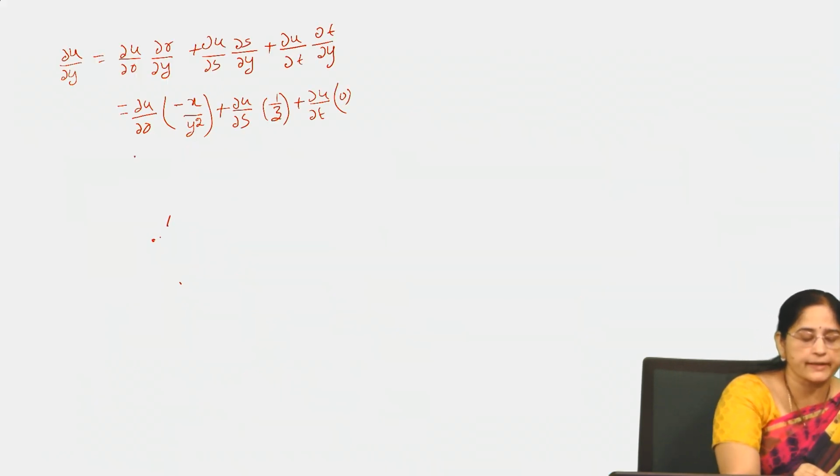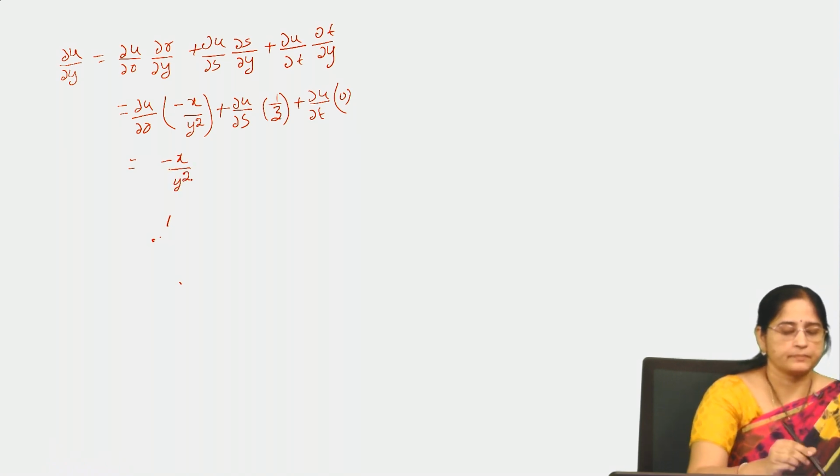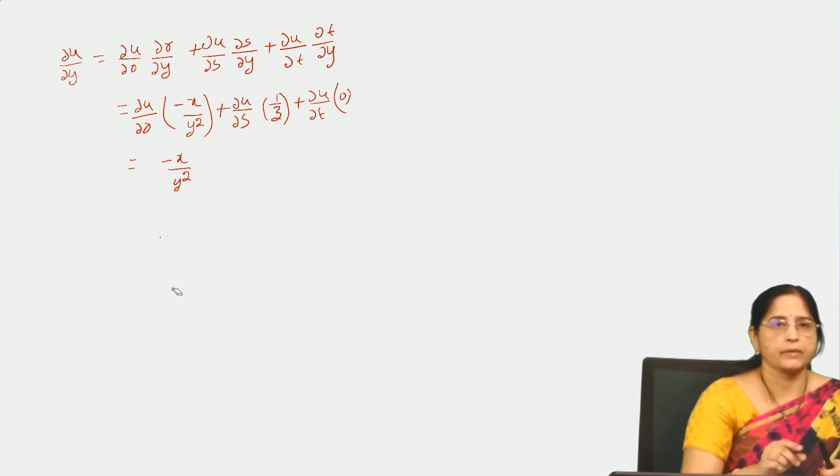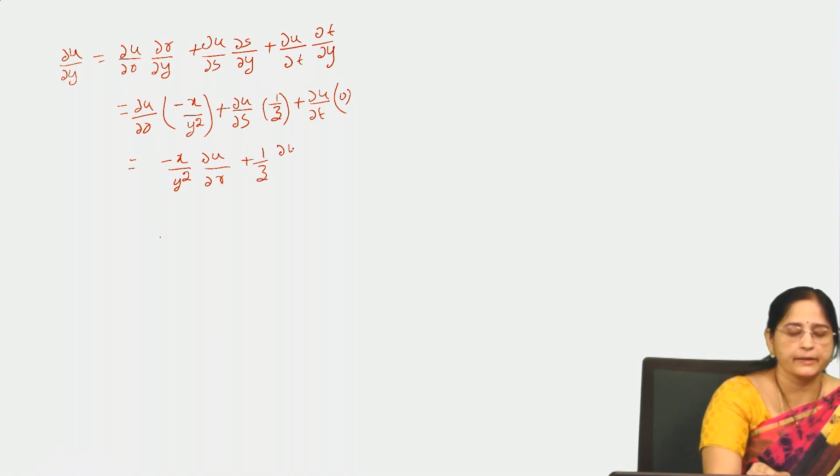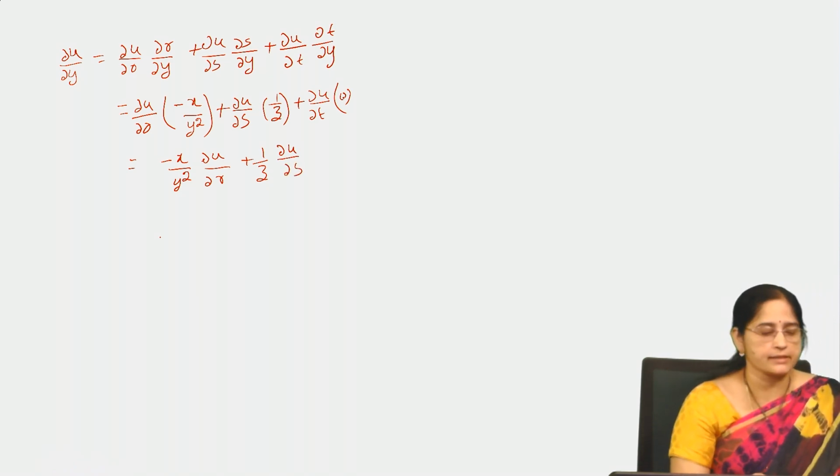So this is equal to minus x by y square into dou u by dou r plus 1 by z into dou u by dou s. So here 0 is there, 0 into anything is 0.